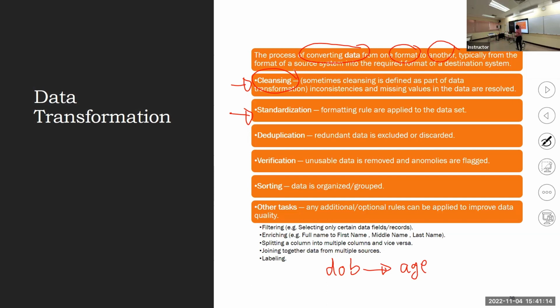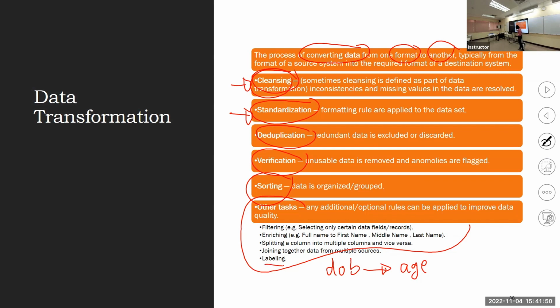Okay, so it may include cleansing. It may include standardizing the data, such as normalizing your data as well. It may include removing redundancy, verifying the data, and sorting the data, because some analysis techniques require data to be organized, sorted, grouped, and so on. And it may require some other additional processes, such as these, okay?